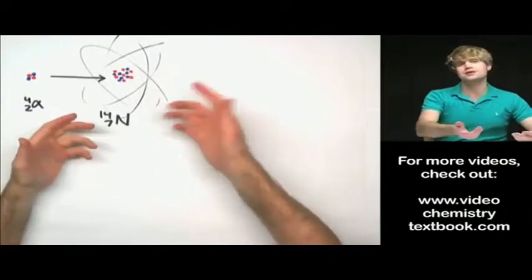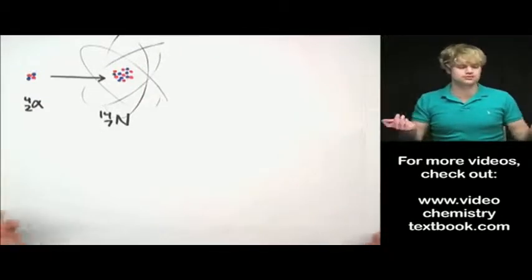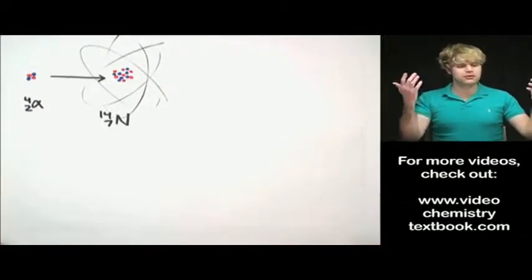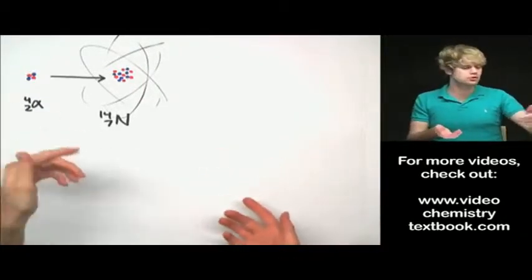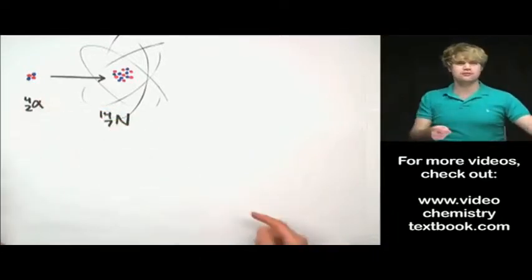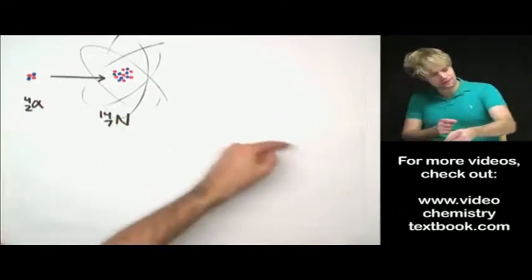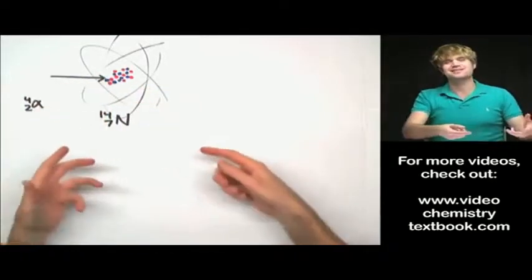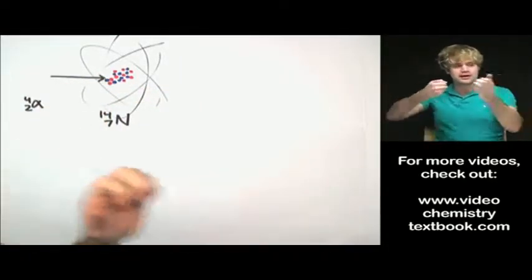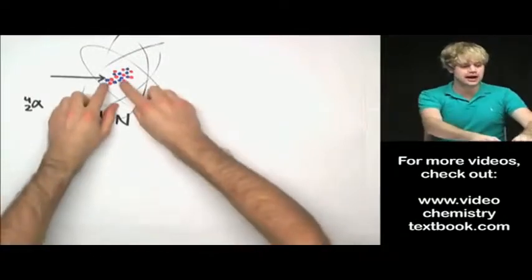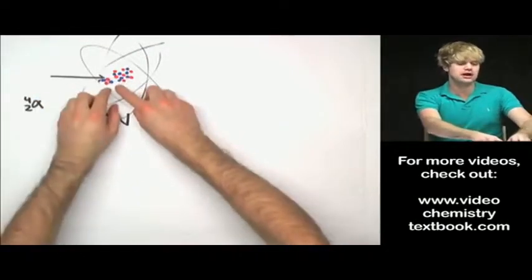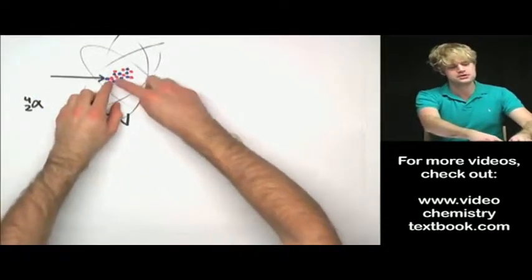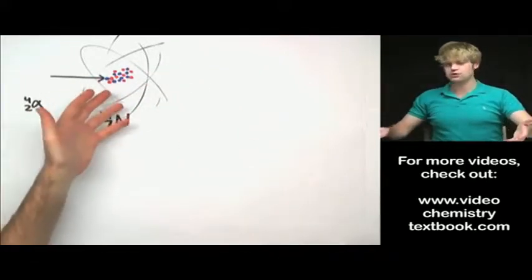My little red dots here represent protons, the blue dots represent neutrons. So if we want to do some nuclear transformation, some nuclear transmutation, we take this alpha particle and bam, we slam it into the nucleus of this atom. And if we were lucky, it would stick. And the protons and neutrons that are in this alpha particle would end up stuck in here in the nucleus.